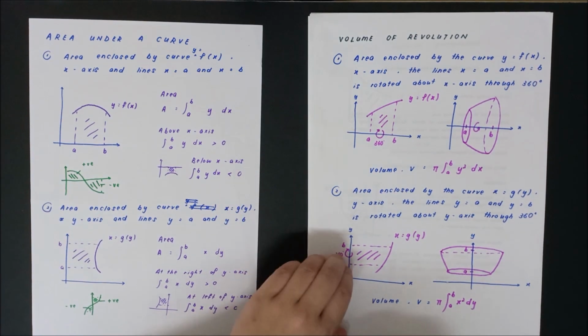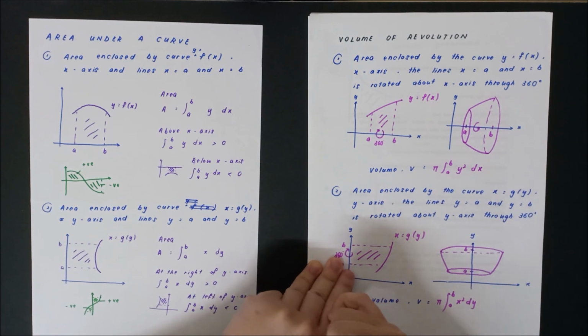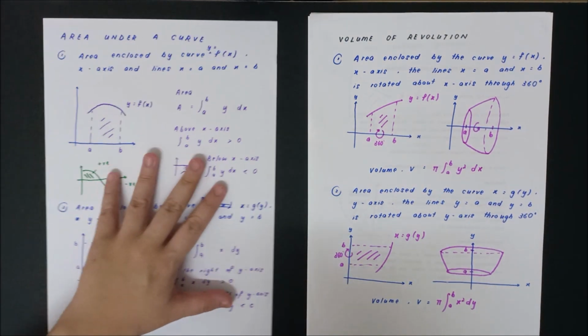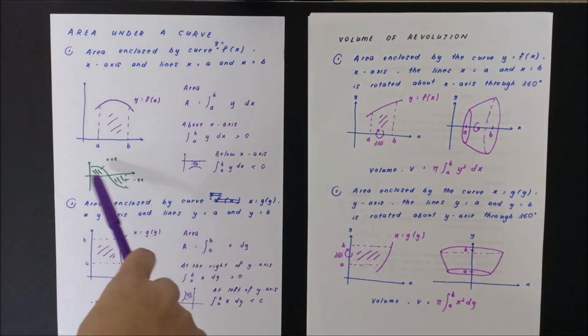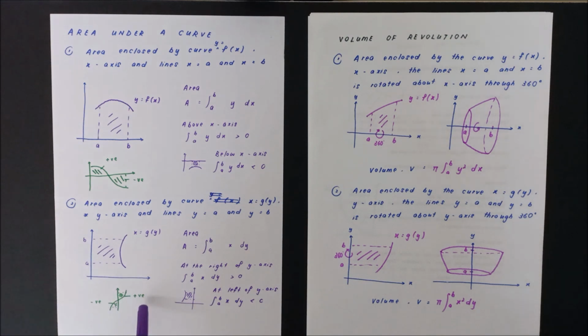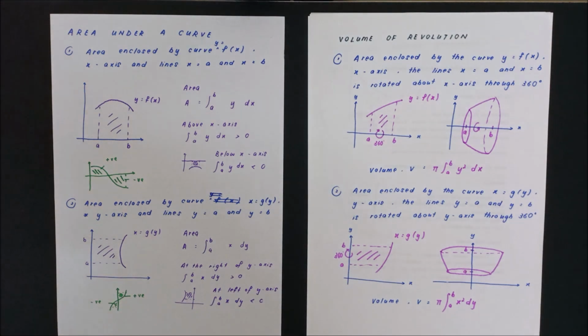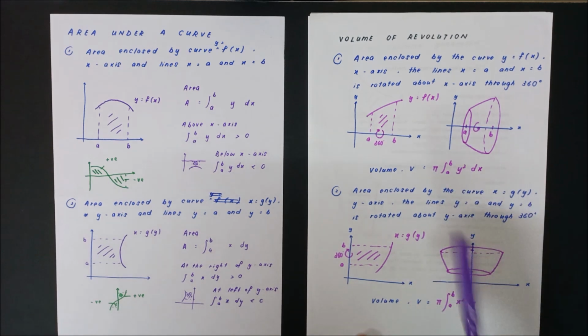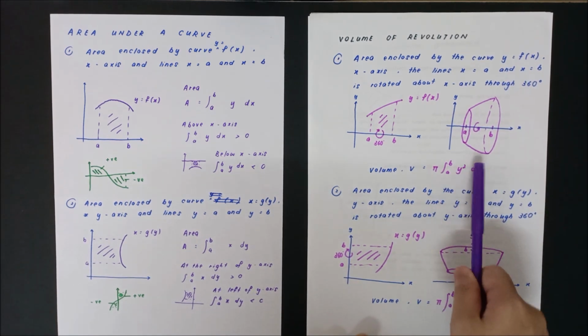Okay, so something special about volume of revolution is, you remember, for area part, actually we have negative and positive, and this one you have negative and positive also. But for volume, you can just remember, because for your function, no matter what is your function, you are going to square.